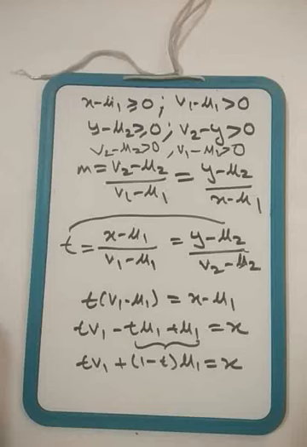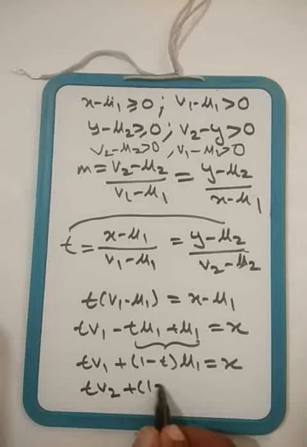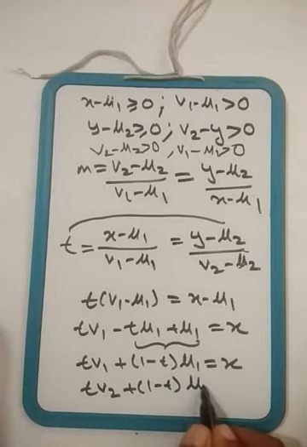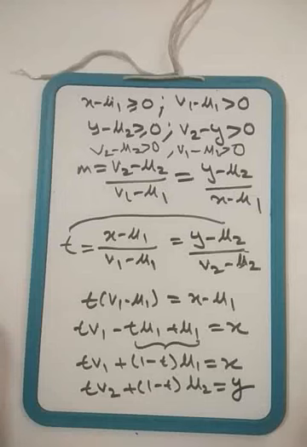The same thing is giving me this point. So given a t, you can go to the x. Given an x, you can find the value of t. Okay. And similarly, here what would I get? Considering these two equations, I would get t v2 plus 1 minus t u2 is equal to y.